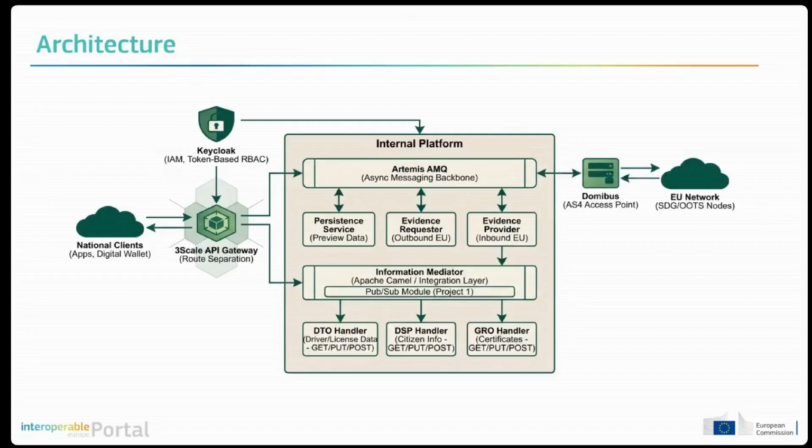You have a message queue, and we have specific components: persistent service, evidence requested, evidence provided. Those are related to the OOTS project, and the other side is the connection with DOMIBUS and the European Union network.